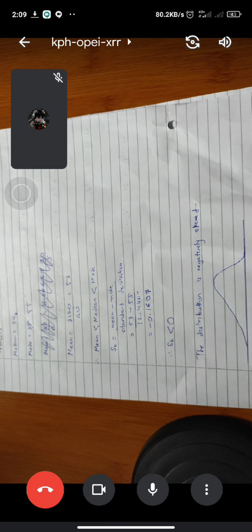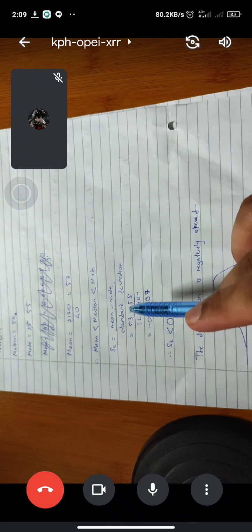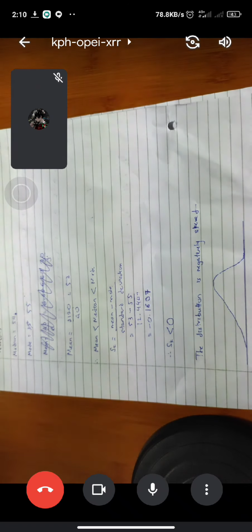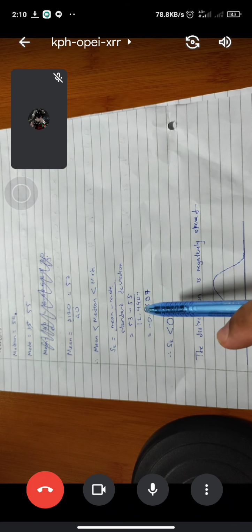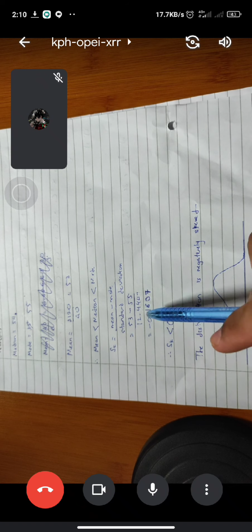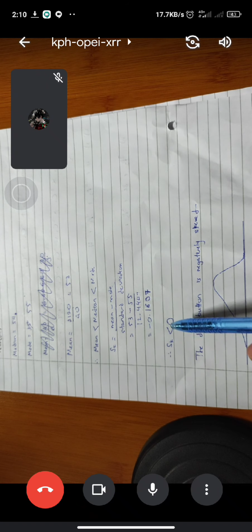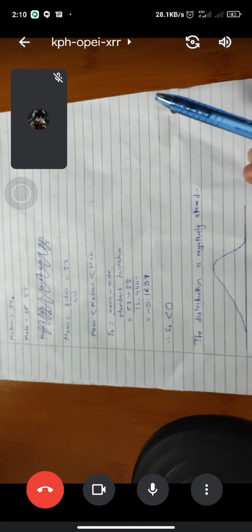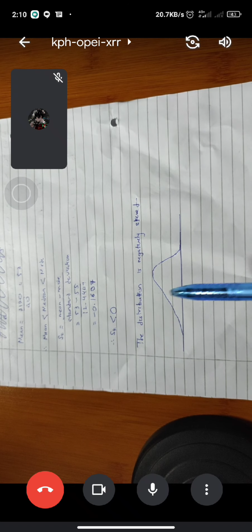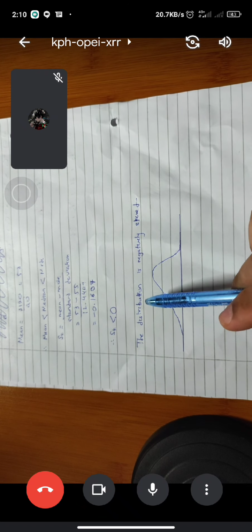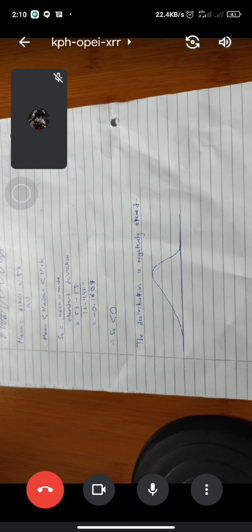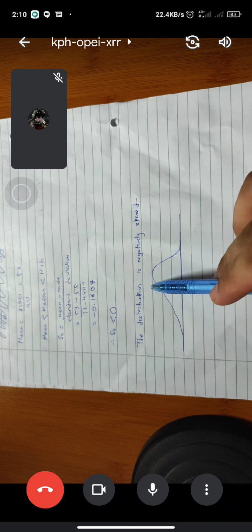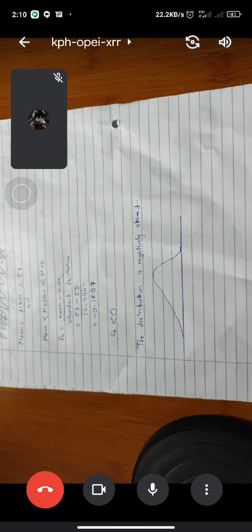So from the mean, we got 53 minus 55 over the previous standard deviation we got. So we got the value is negative. So Sk is lower than 0. So we can conclude that the distribution is negatively skewed.